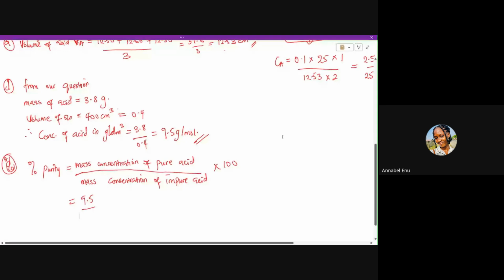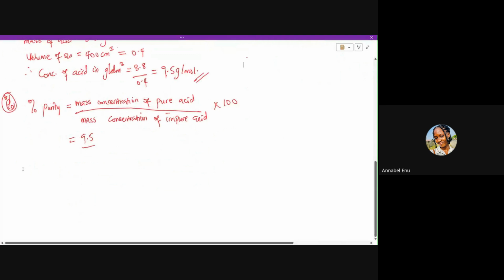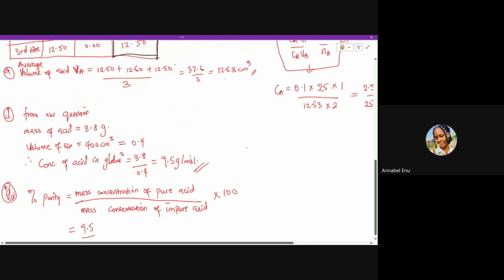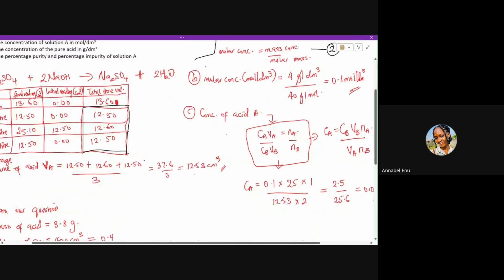The mass concentration of the impure acid is the one we are actually going to be calculating. So we're going to be using the formula for mass concentration. Look at this formula here. Molar concentration is mass concentration divided by molar mass, right? So mass concentration will now be molar mass times molar concentration, or molar concentration times molar mass, right?